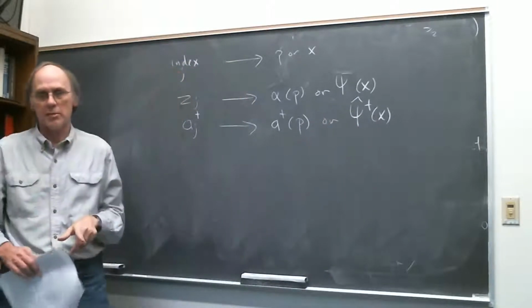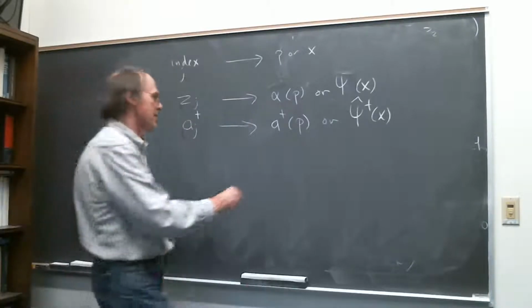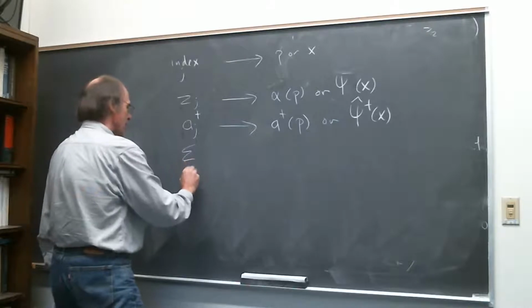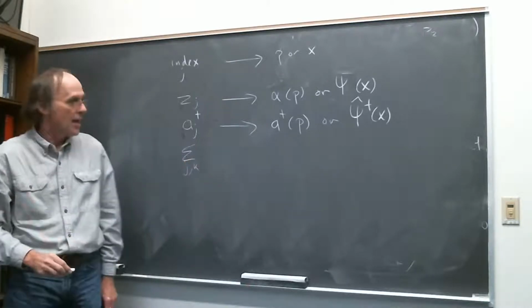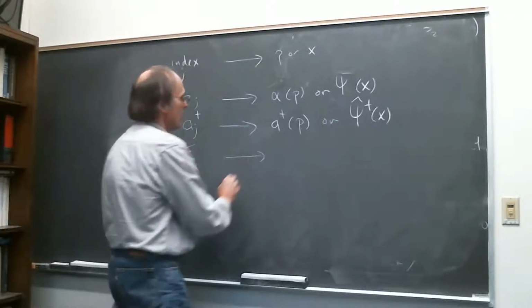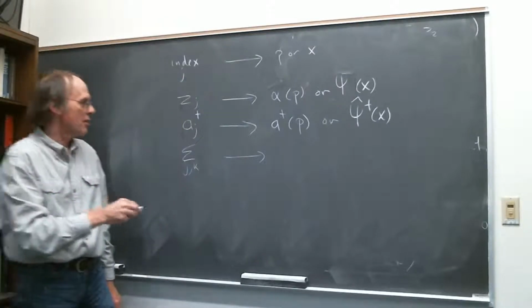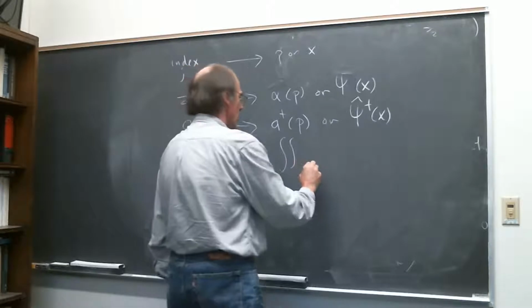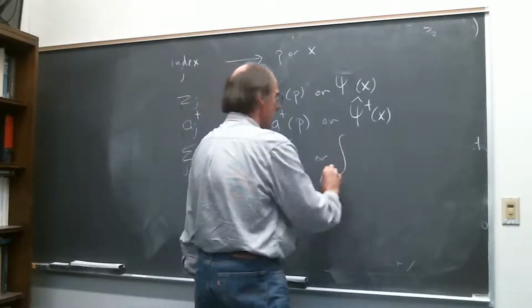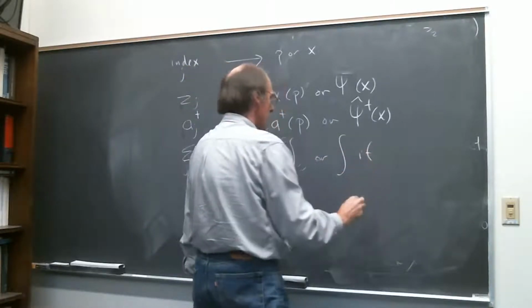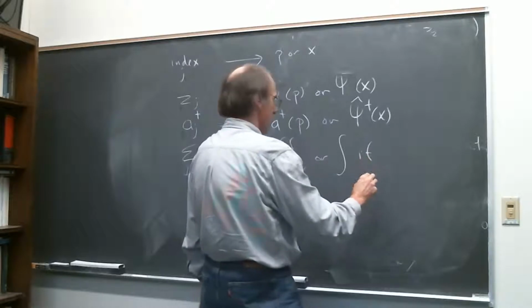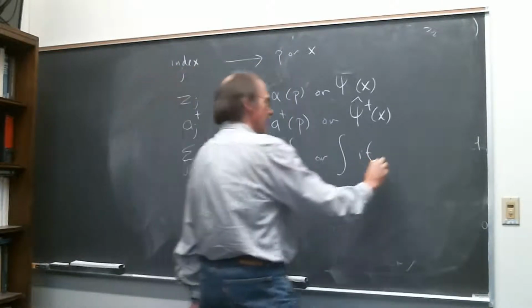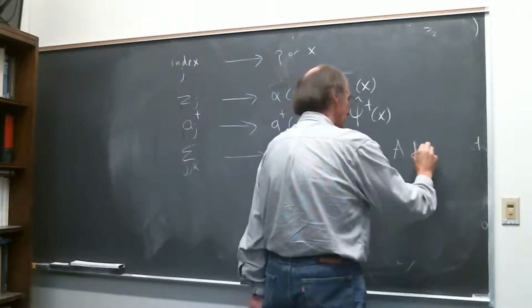Remember, we were summing over j and k, and this is going to go to, in general, some double integral, or a single integral if A is diagonal.